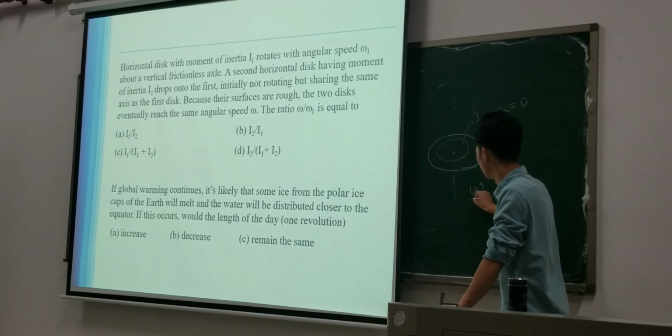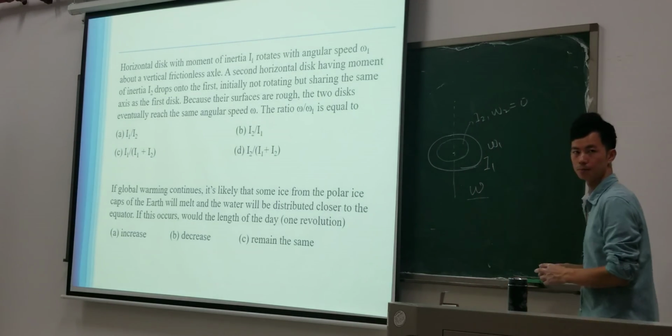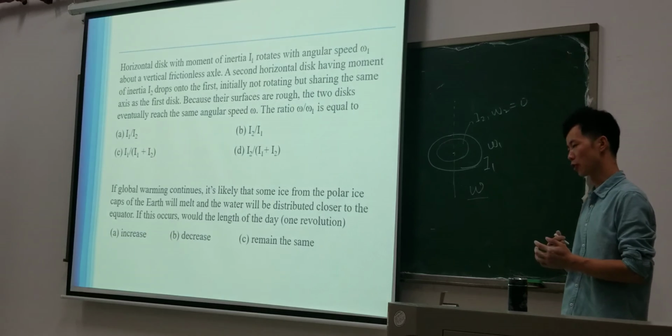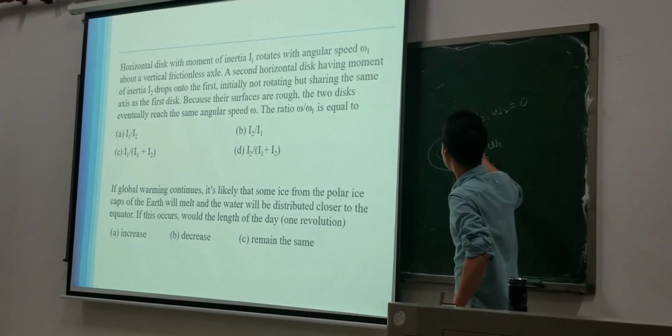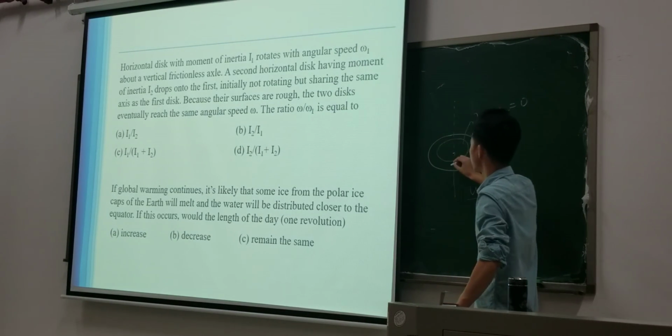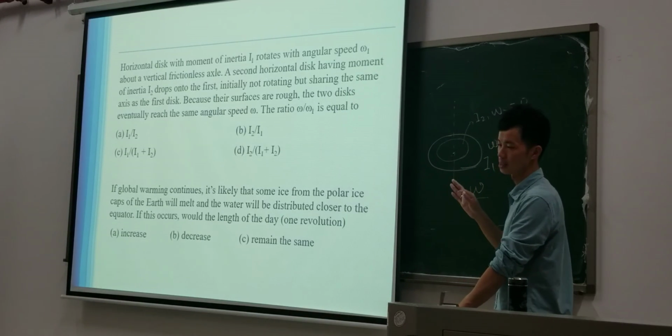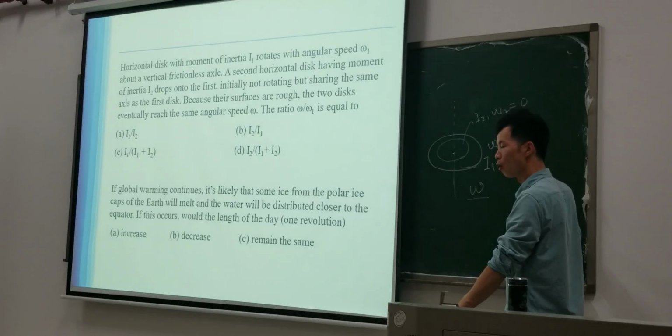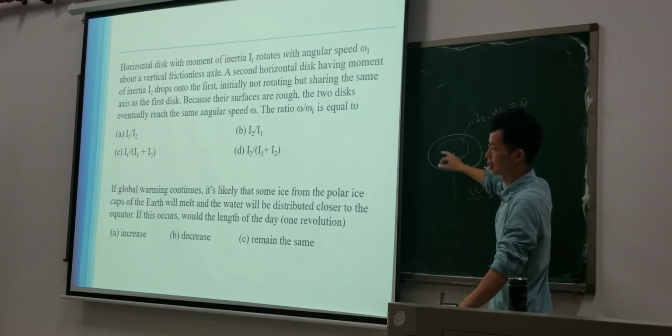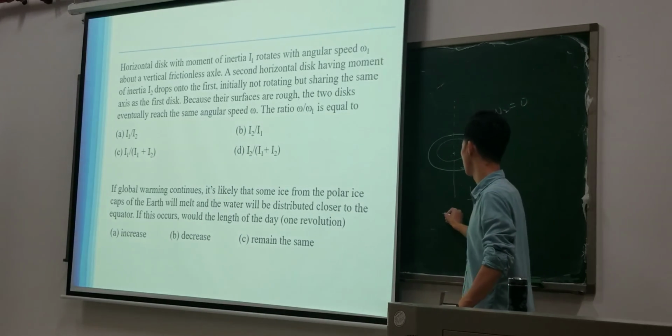So now we try to find the omega. In this situation, this system is composed of disk 1 and disk 2, and there is no other torque acting on the system. So the net torque is 0.